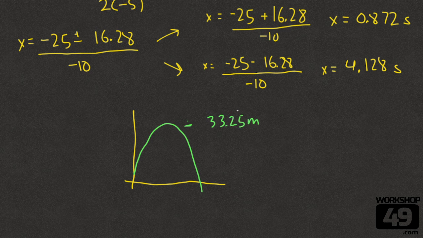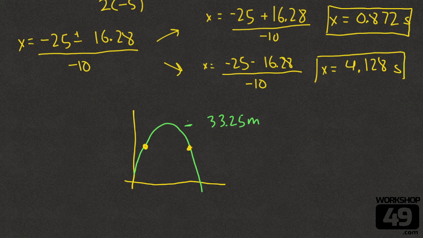So when was it going to be at a height of 20 meters? Well, it actually hit there twice. It was at 20 meters once going up, and 20 meters again coming back down. So that means both answers are correct. And that is how we solve a quadratic word problem that involves projectiles. I hope you enjoyed the video. Thank you very much.